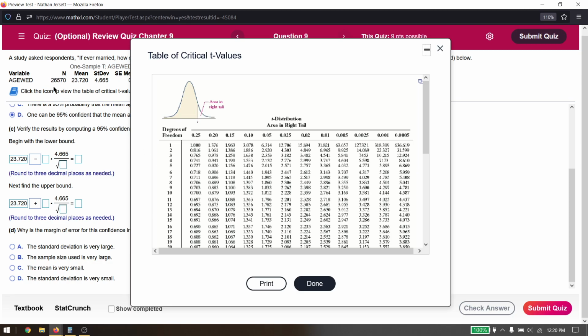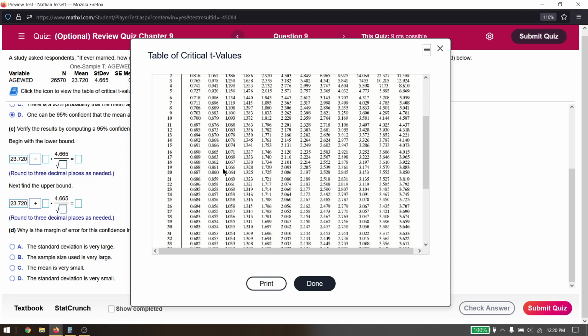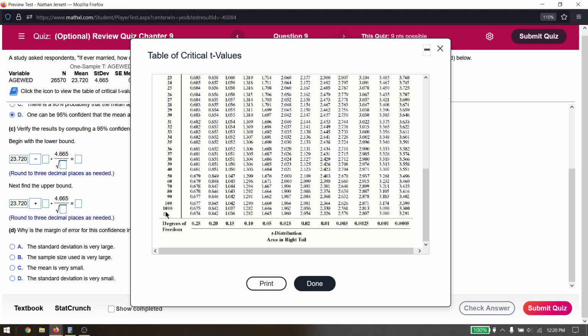Here we have 26,570 minus 1 is 26,569, but the table doesn't have that on there. What it does have is a z for a very, very large sample size, which is what we have. So all we really need to do is use this final row and find the column that we're looking at.